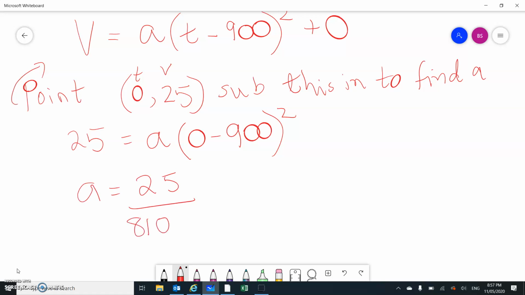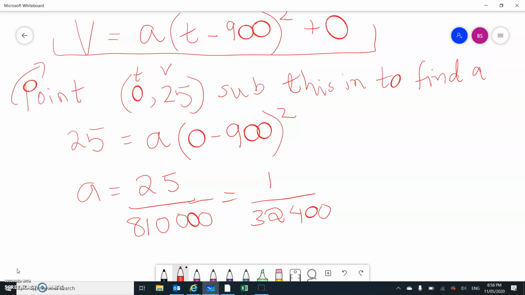Use your calculator; I wouldn't expect you to do this by hand in your head. That simplifies to 1 over 32,400. That's the value of a, not the final answer. You need to then sub that into the equation above.